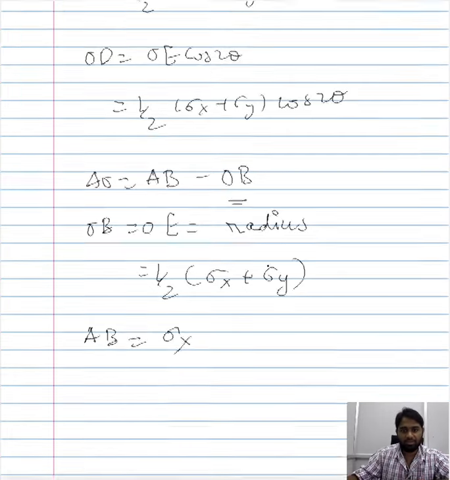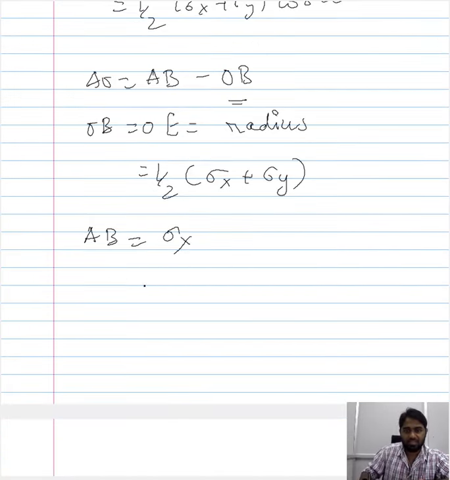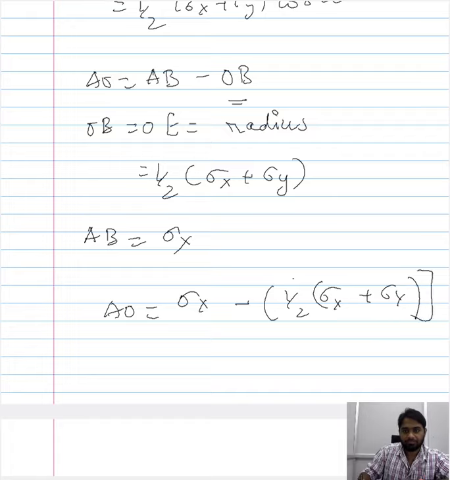So ultimately what you would end up having is AO is nothing but sigma x minus 1 by 2 sigma x plus sigma y. So now ultimately what you would have is 1 by 2 sigma x minus sigma y. When you bring this 1 by 2 here and subtract it, you will have an expression something like this.